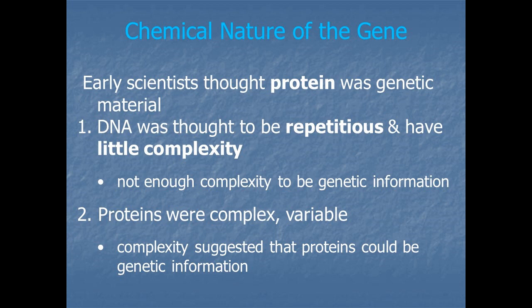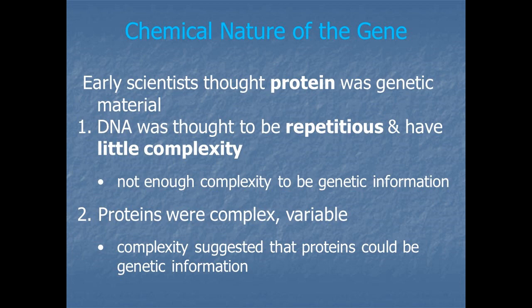Proteins are made up of amino acids, and we have nearly 20 essential amino acids present in proteins. DNA has only 4 bases, and they keep on repeating, so scientists were not convinced that it could be the genetic material. There was not enough complexity to be the genetic information, whereas proteins were complex and variable.